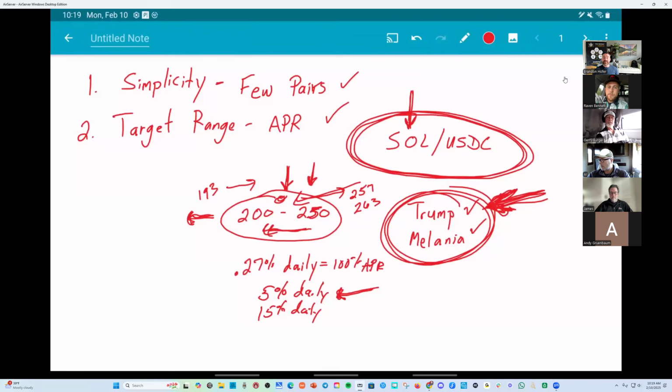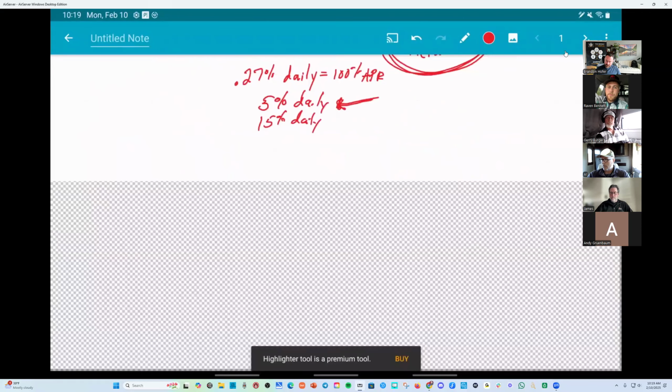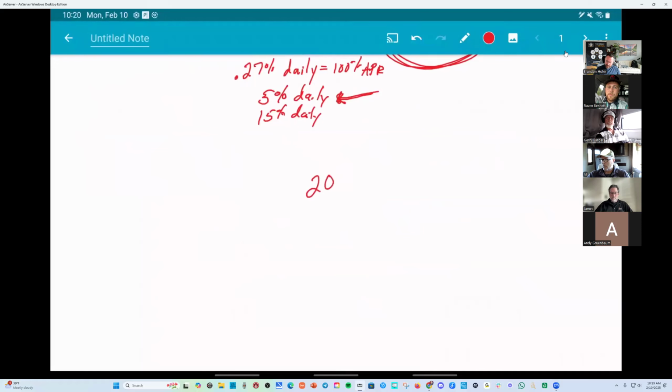It's just that for a couple days it happened because I had hedged and because I had positioned myself for that mania down the road. So now, over the course of the one month in my Sol USDC pair, it was about a 20% return.